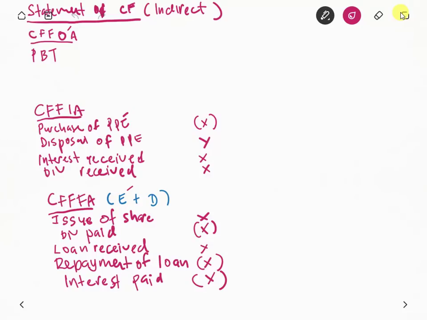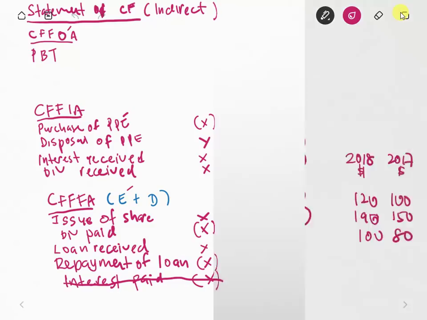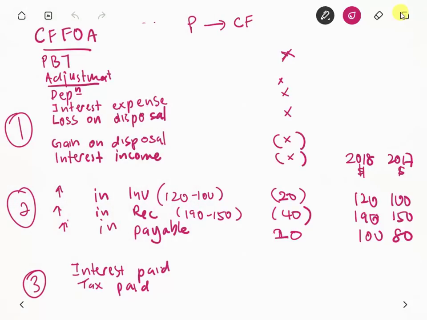So for our exam, let's follow the model answer. They put it in operating. So we don't put it in financing, otherwise we count it twice. Interest paid, we put it in operating, under segment number 3. Interest paid, tax paid.